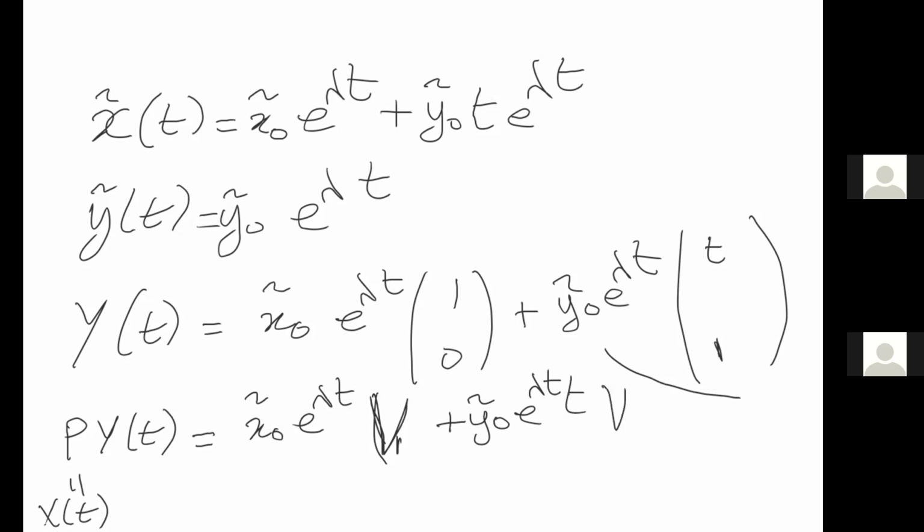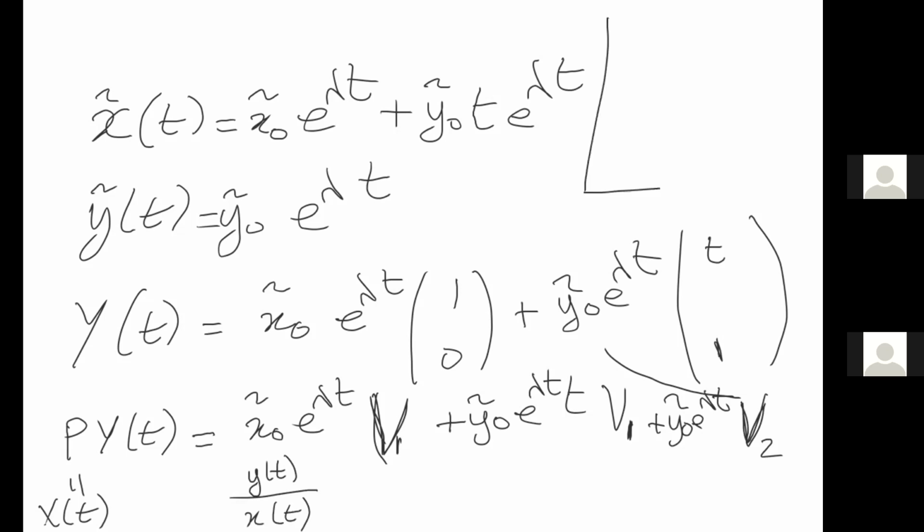All right. And the remaining term is x tilde node exponential lambda t, P times (0, 1), which is v2. All right. And so when you are going, for example, to do the division y of t divided by x of t, where x of t equals (x of t, y of t), right?